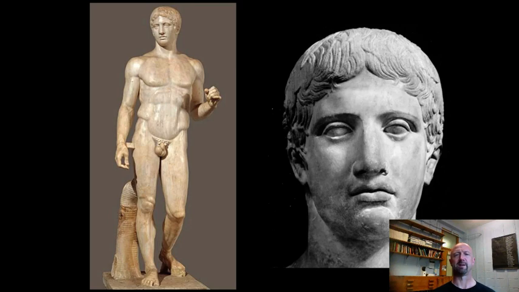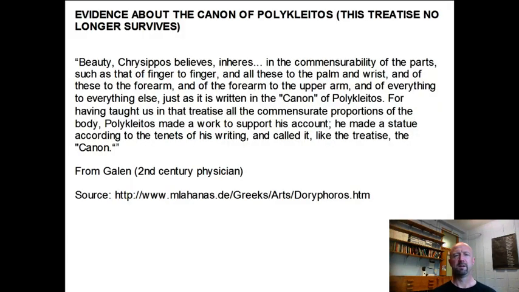So what's so special about this? Well, it's the perfect example of what the Greeks were up to with their sculptures. This is almost like a visual example of what was known as the canon of proportions, but the Greeks called it the perfect ratio or commensurability of one part to the other: tip of a finger to the whole finger, the hand to the arm, the foot to the leg, and so forth.